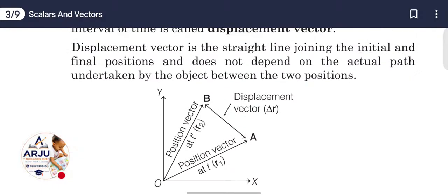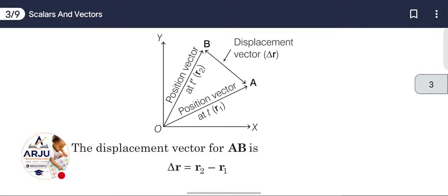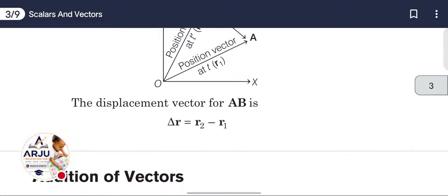So the displacement vector for AB is del r equal to r2 minus r1.